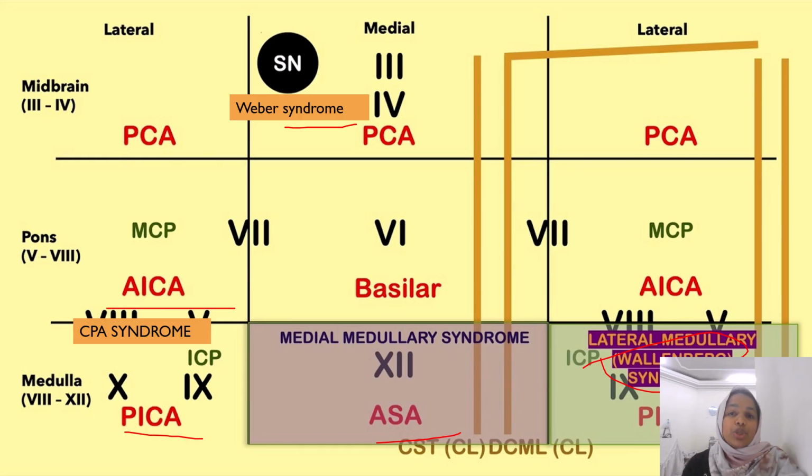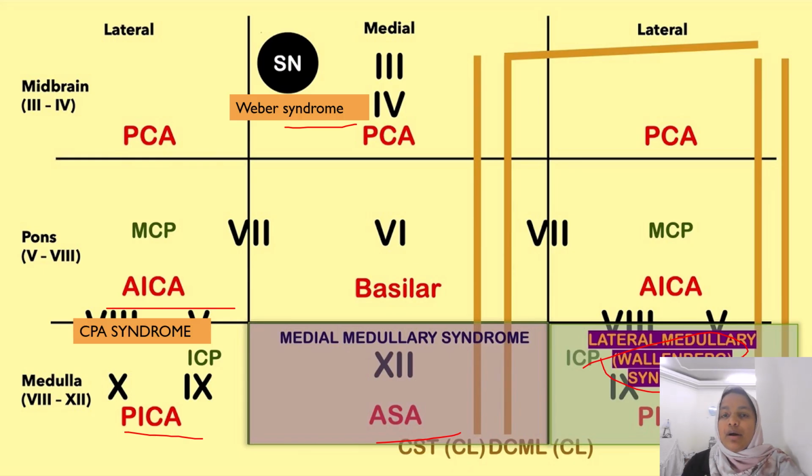There can be a presentation of Horner syndrome, like there is ptosis, anhidrosis, and miosis, or they can simply say there is Horner syndrome. And the facial sensation is also lost. So right-sided pain and temperature from the body and left-sided pain and temperature from the face is lost, because it's crossed hemiplegia.